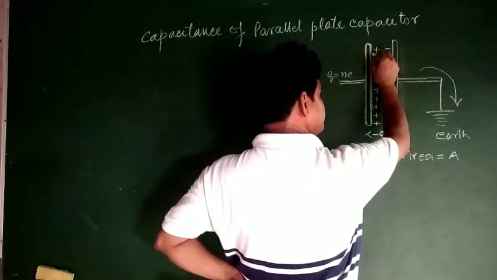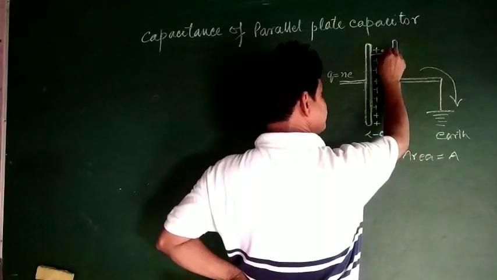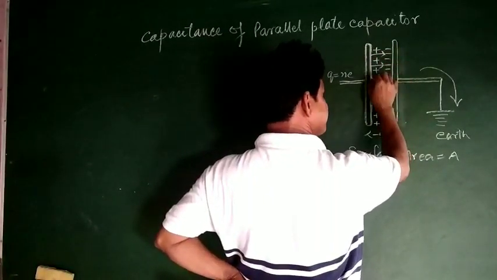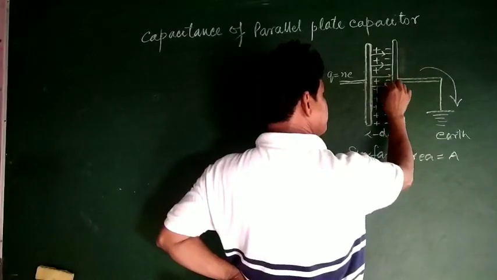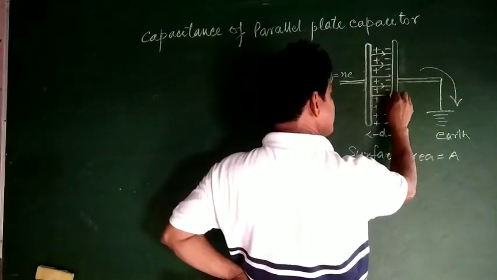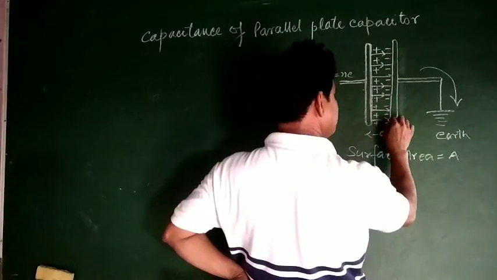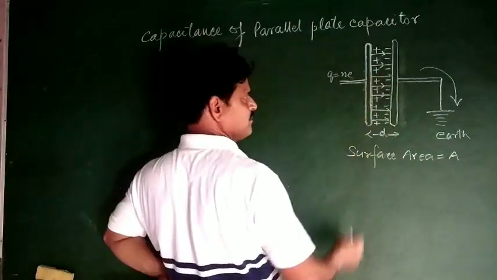We know the electric field lines travel from positive to negative, and being an equal number of charges, all the lines are parallel.